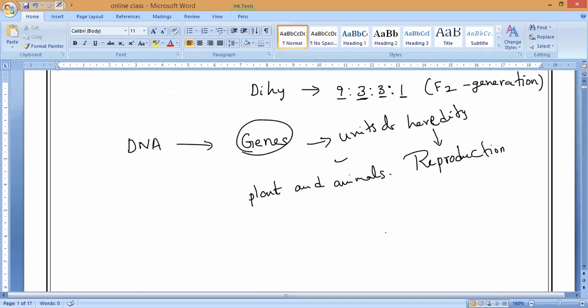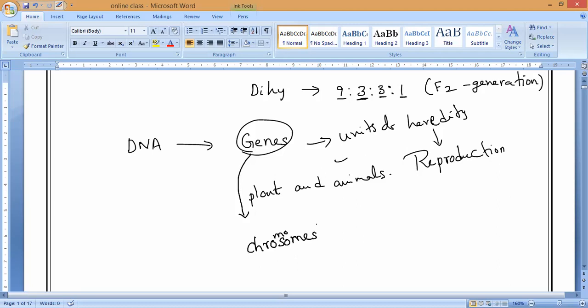So the characteristics of parents are transmitted to the progeny through the genes present on their where, guys? These genes are present inside where? They are present inside the chromosomes. Yes, please respond.